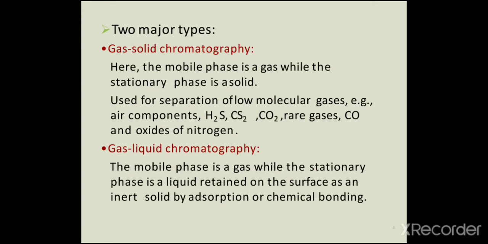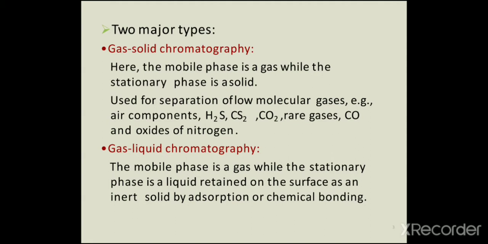There are two types of gas chromatography. First is gas solid chromatography and second is gas liquid chromatography. In gas solid chromatography, the mobile phase is a gas while the stationary phase is solid, that's why the name is gas solid chromatography.